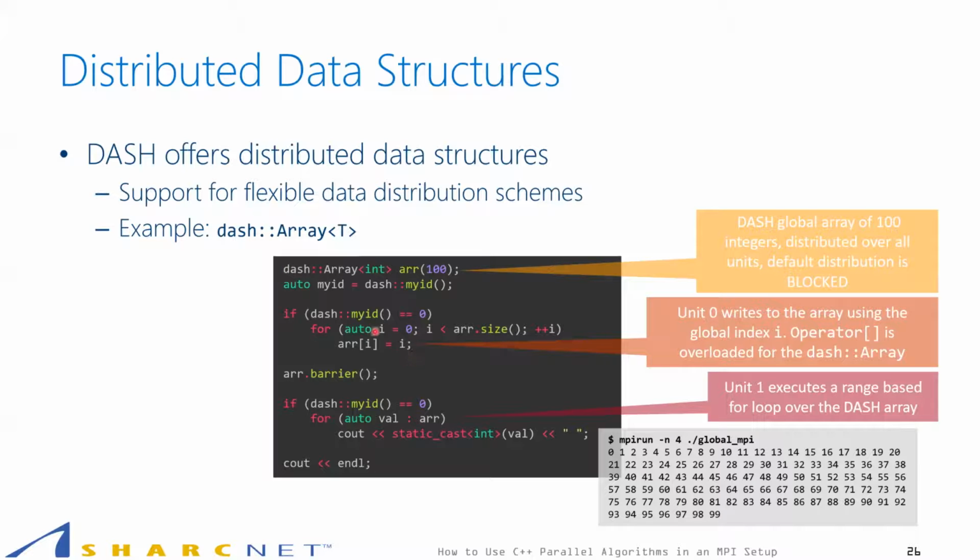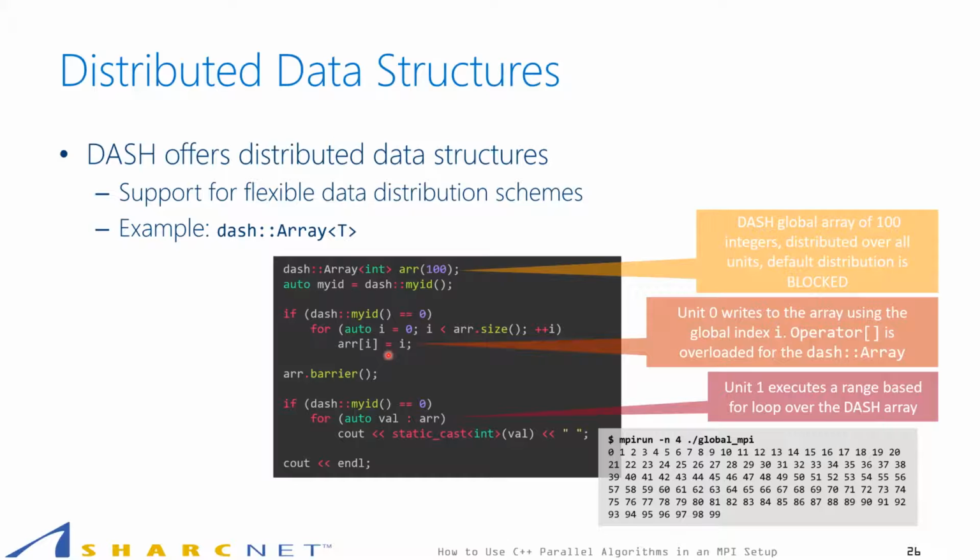Here, for example, you can use the global addressing to fill a Dash array, which is distributed among the units. To do that, you first need to switch to only one unit, and then use the global addressing to fill it. When you use this approach, it's not going to be parallel.